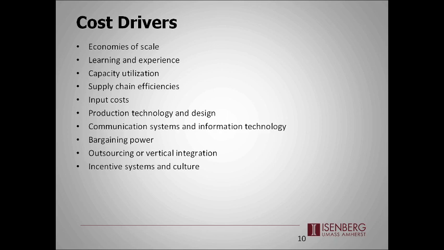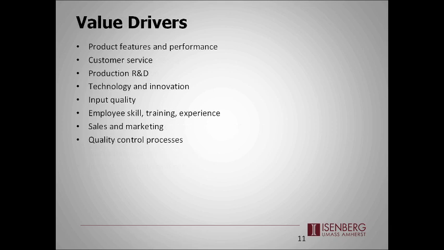So slide 10 is meant to provide a list that you can use as a reference of what some of the most common cost drivers are, from economies of scale to incentive systems and culture. Slide 11 provides a reference of common value drivers, from product features and performance to quality control processes. And neither list is comprehensive, but these are some of the most common drivers.